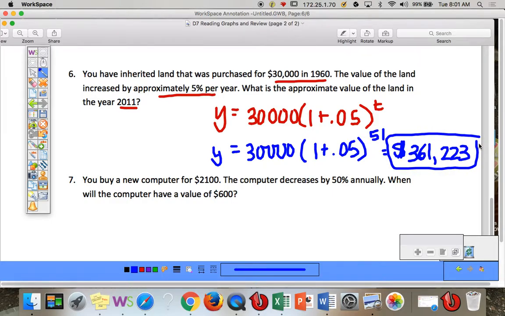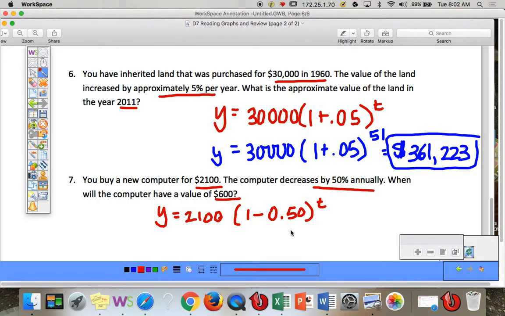And the last one, you buy a new computer for $2,100. The computer decreases by 50% annually. When will the computer have a value of 600? So let's write the equation. Starting value 2,100, decreases 50% per year. And we want to know, when will the computer have a value of 600?